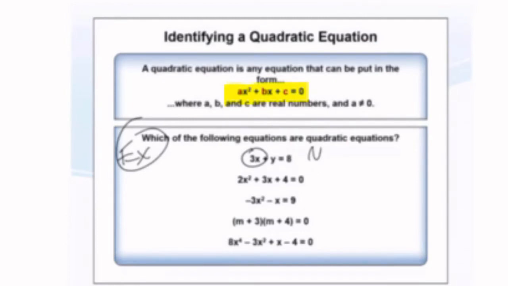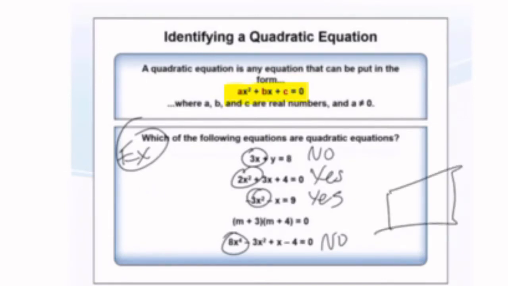The next example, you see the x squared? Ding, ding, ding. The third example, you see the x squared? Ding, ding, ding. The fourth one, let's save for last. And the fifth one, 8x to the fourth. To the fourth, that's not a quadratic. Now, the last one, m plus 3 times m plus 3.